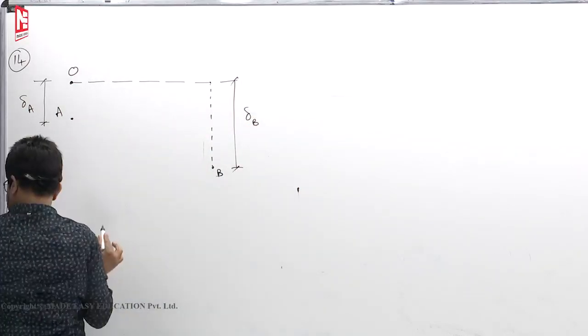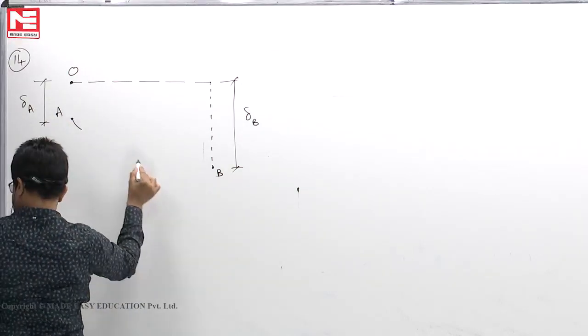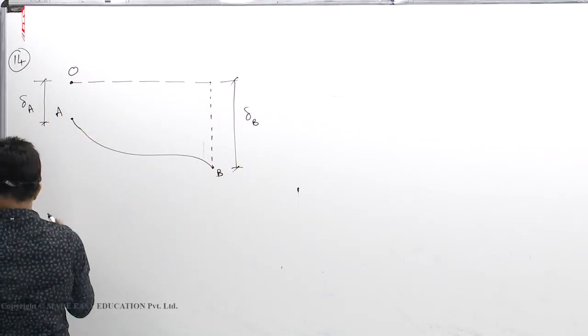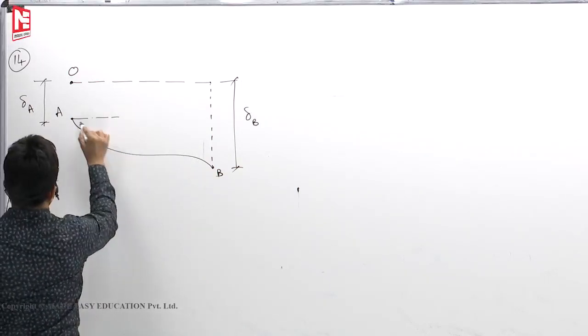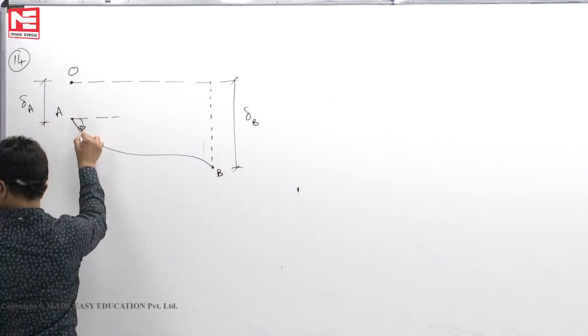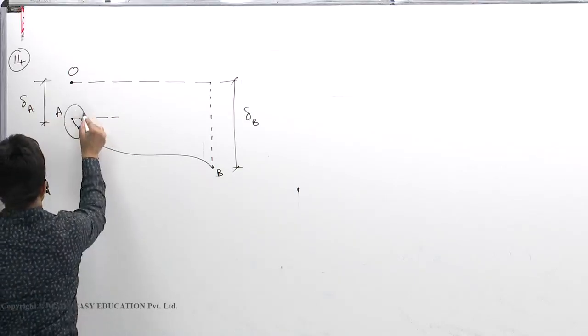So two displacements are known to us. This rotation is clockwise. Like this it went. This is also clockwise. So something like that it has gone. If you drop a tangent, the clockwise rotation is theta A. The moment is MAB.